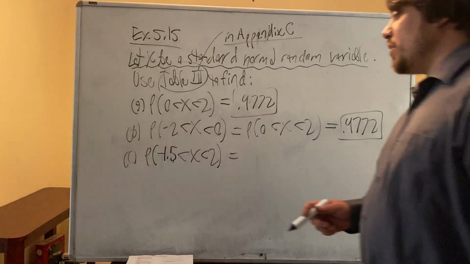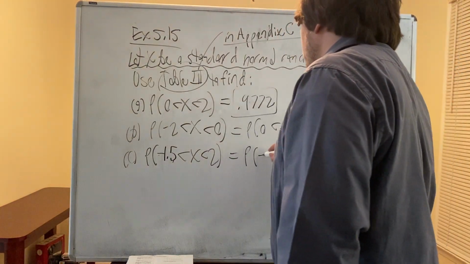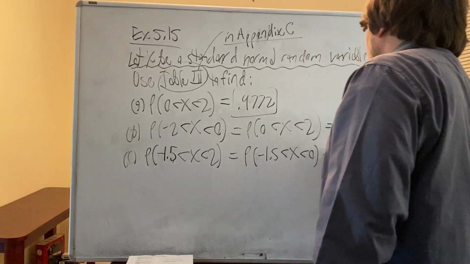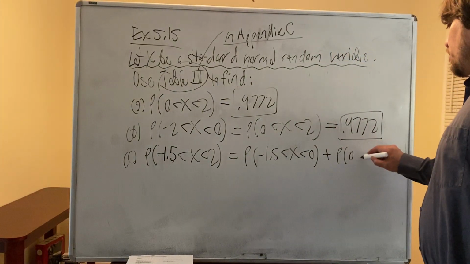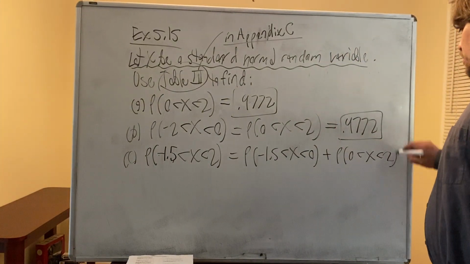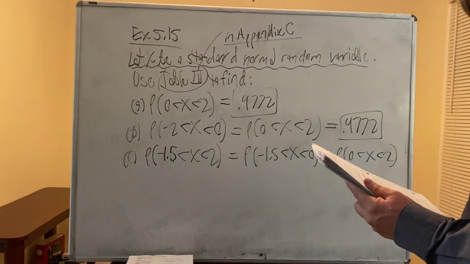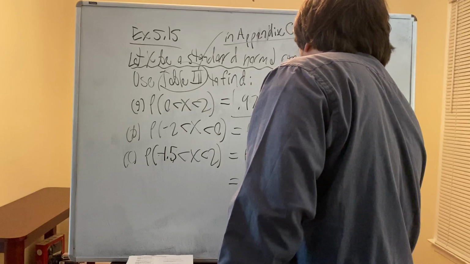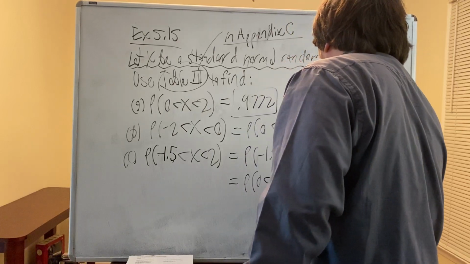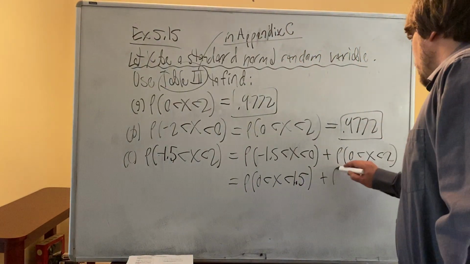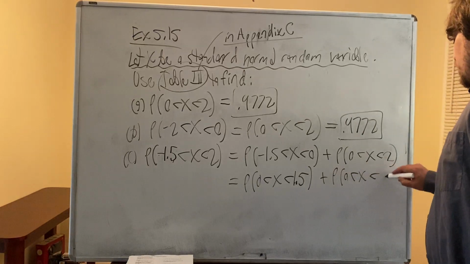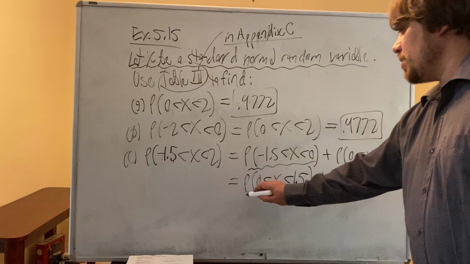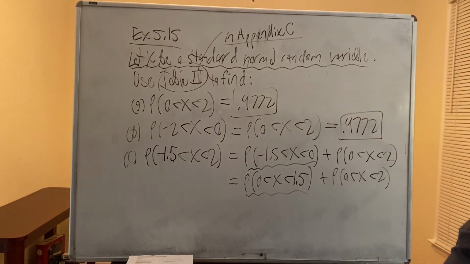Then that's equal to the probability that -1.5 is less than x less than 0, plus the probability that 0 is less than x less than 2. This is equal to the probability that 0 is less than x less than 1.5, plus the probability that 0 is less than x less than 2, right? Because this is the same as this due to symmetry, just like in B.